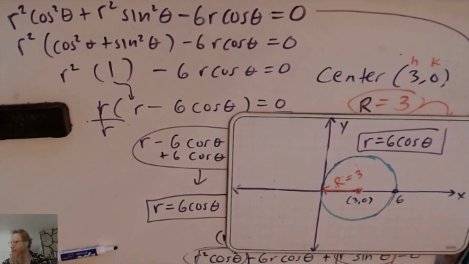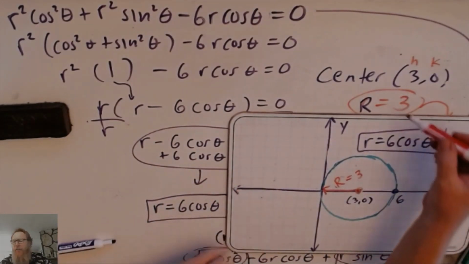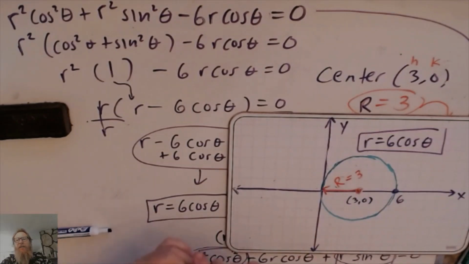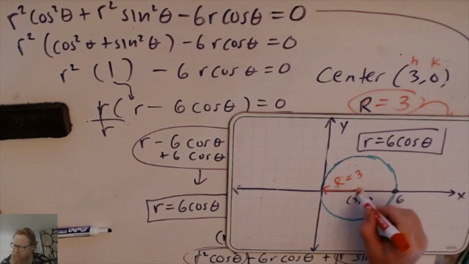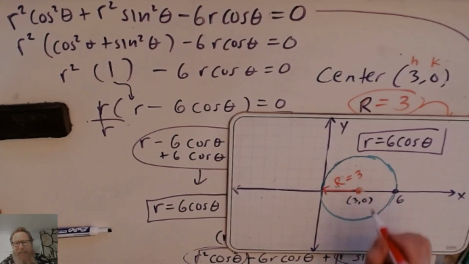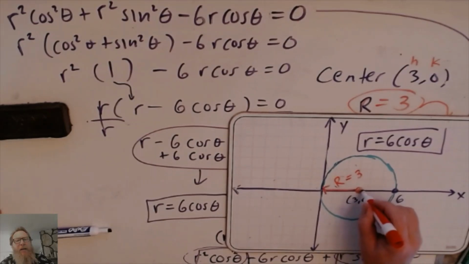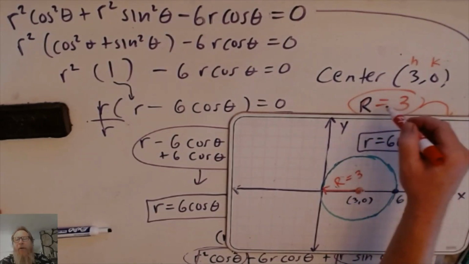And that's the reason why I was mentioning the difference in r's. The original r was always equal to 3. That's because the original circle was not centered at the origin. It was centered at 3, 0. That's this capital R up here.